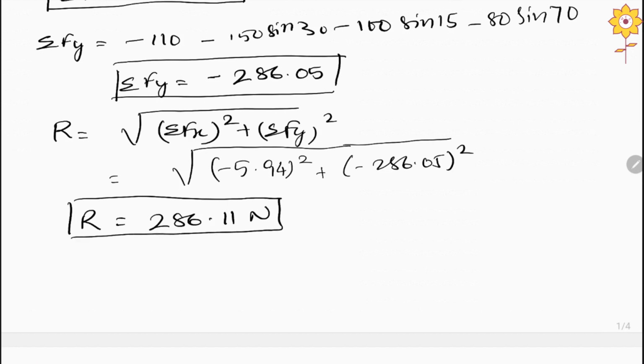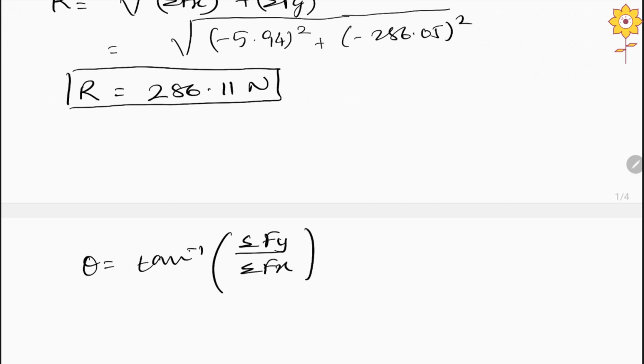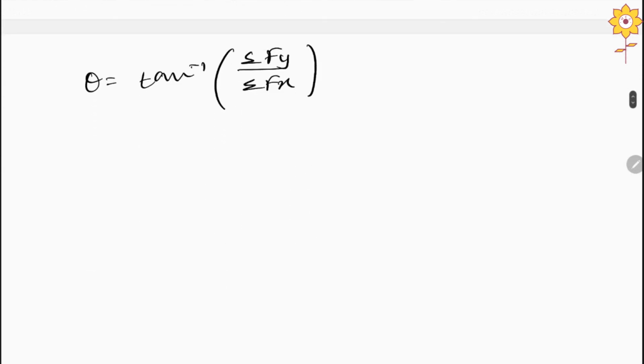Now we have to find the theta as well. The theta formula is theta equal to tan inverse of summation of f of y divided by summation of f of x. While inputting the theta, we don't have to consider the sign. So that will be equal to tan inverse of 286.05 divided by 5.94.